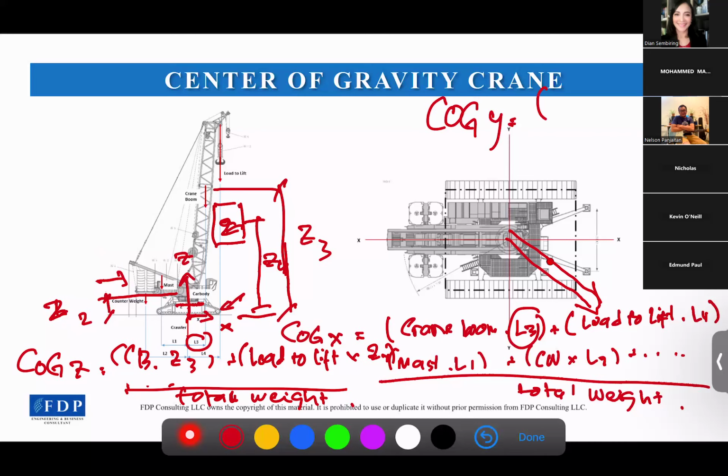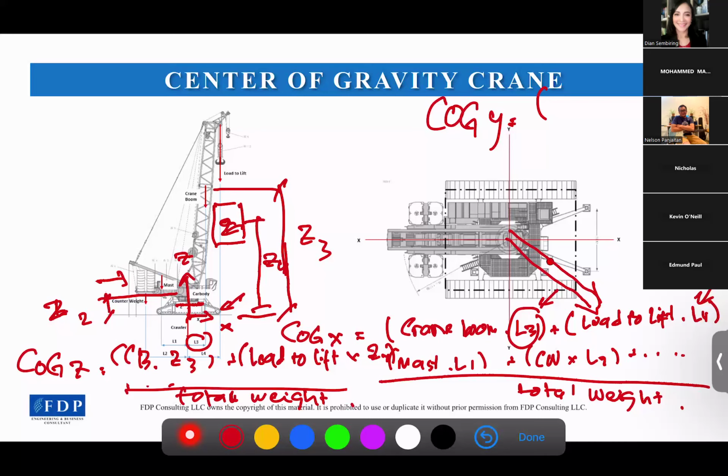We will use the same formula, but in the calculation we use the distance along the y-axis here. Once we get the combined COG, then we can calculate the ground bearing pressure and the tilting angle. So that's how to get the crane's COG during the operation.